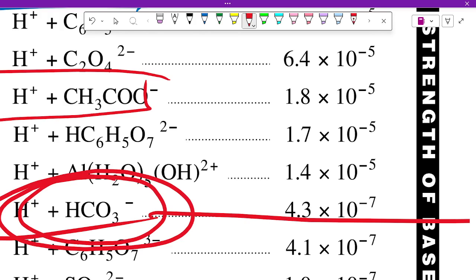Yes? And what that means is that it is going to be good at buffering at around pH 5.